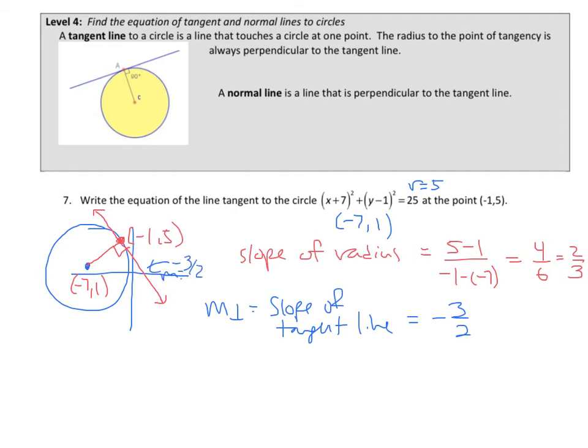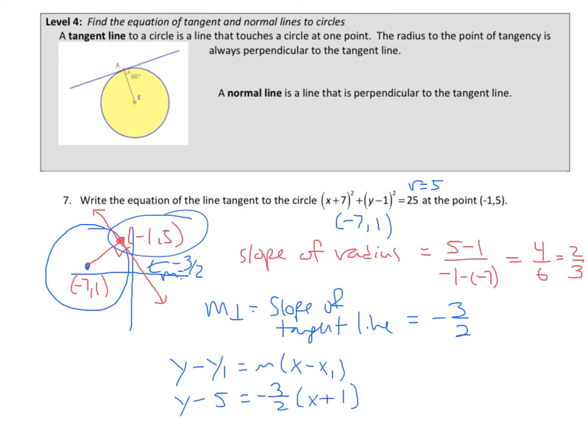And we know a point on the line, that's the point on the circle, the point of tangency, -1, 5. And we can just use point slope to write the equation of the line. Remember, point slope is y minus y1 equals m times x minus x1. And that would be y minus 5 equals -3 over 2, x plus 1.